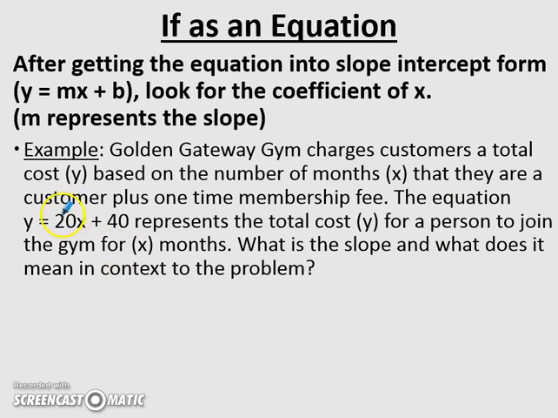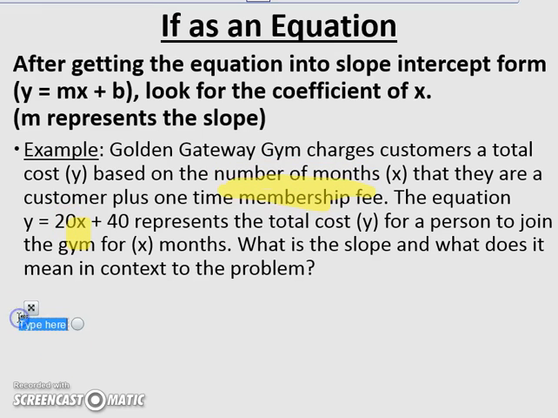Well, remember, we're looking for the value that's the coefficient of x. So the coefficient of x is 20. Now, we also have to read into the situation. What is changing? Does a one-time fee change? No. But the number of months that someone's a member could change. So 20 represents the cost of 1 month because x is the number of months.